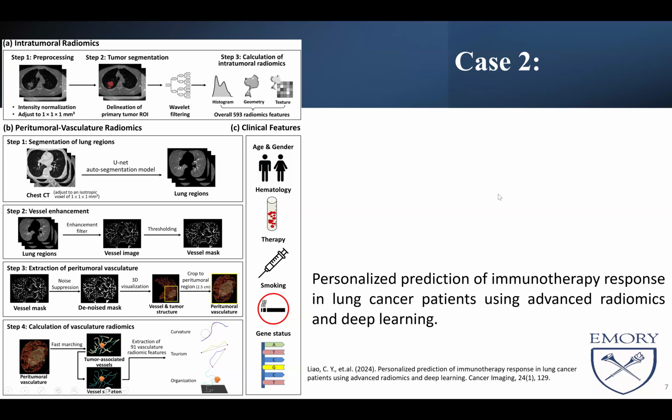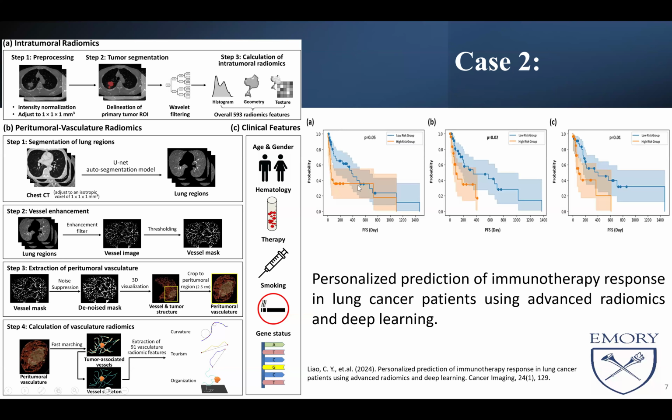If you look at these three Kaplan-Meier curves, the first one is predicting progression-free survival. When I say progression-free survival, I mean how long it takes, when the patient starts treatment, for the tumor to continue growing.